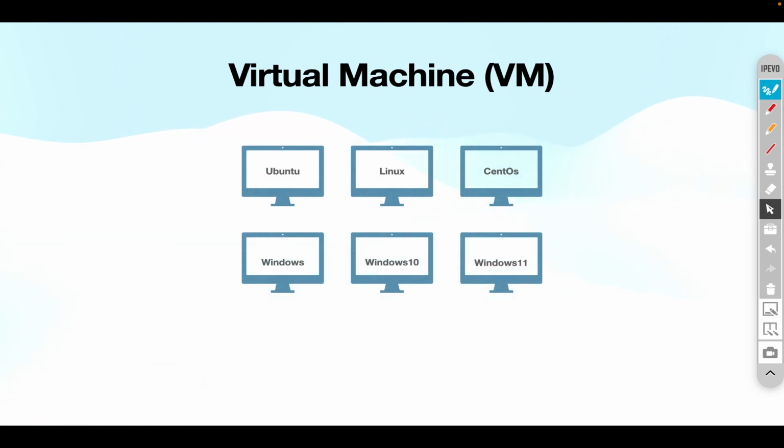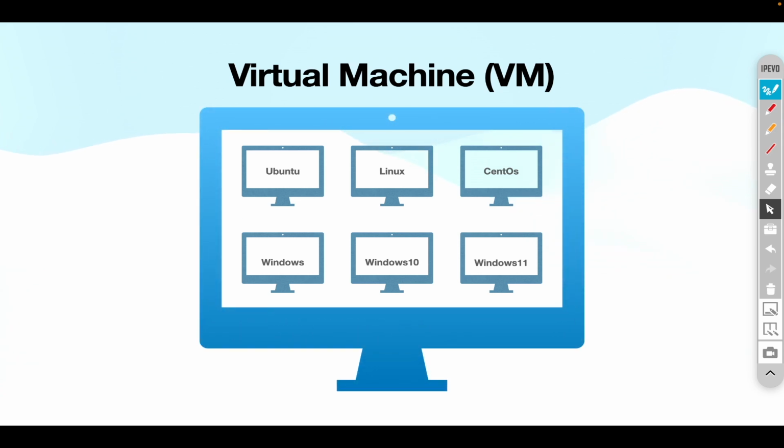Okay, so let me show you how it looks. When you create virtual machines inside a machine, that is how it looks. The outer one is the host OS. You can take it as maybe Linux or Windows, and inside that there are six virtual machines having different operating systems.